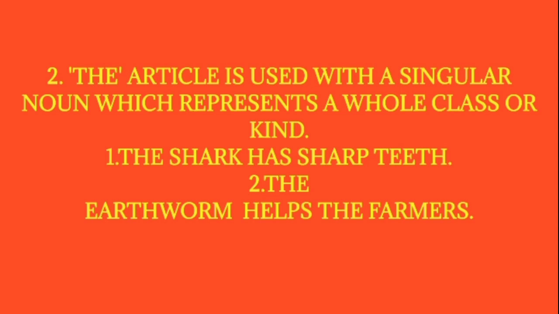In these two examples, the shark has sharp teeth. The shark is representing here the whole of sharks, the whole kind. Second example, the earthworm helps the farmers. It is a general thing, so here it is representing earthworms overall in the world.